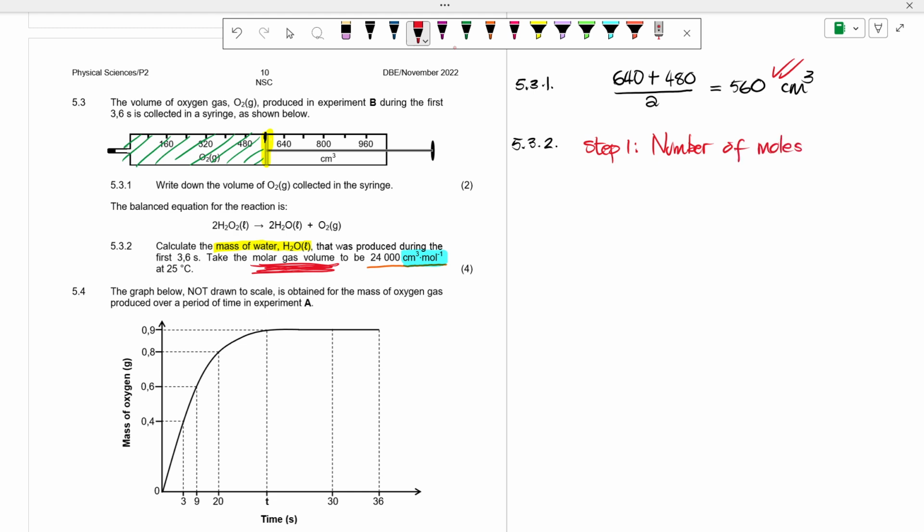So you're doing number of moles of what at the moment? Oxygen. Because if we look at our given data, we see that we only know the volume of oxygen that is produced.